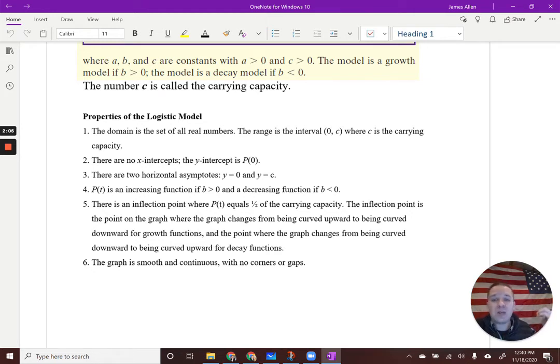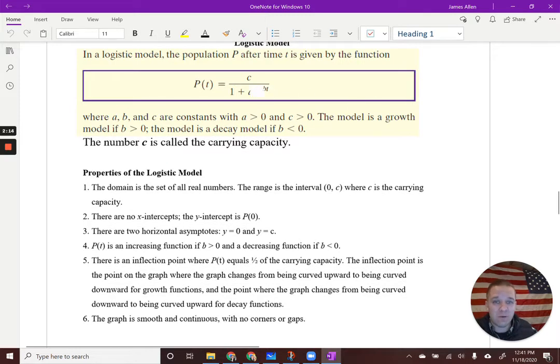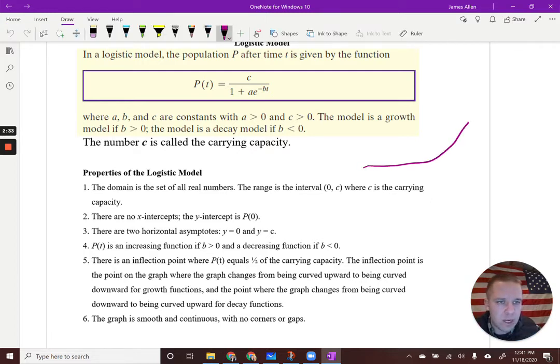We have increasing if B is greater than 0, but remember that would look negative in the exponent because of that opposite of B in my formula there. And then we have decreasing if B is less than 0. We've got an inflection point where it starts increasing less. That's what we call an inflection point. You'll deal with that a little bit more in calculus, but it's where we're going up and then it changes.